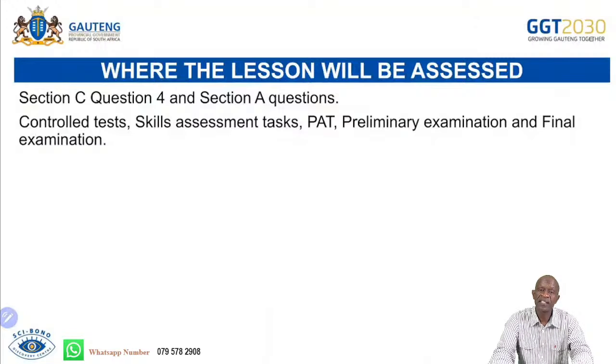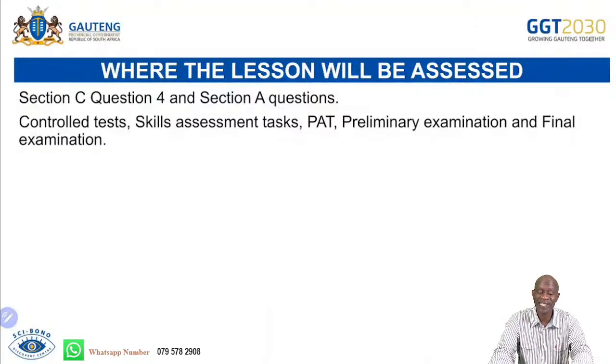The world famous icons and attractions will be assessed in section C of your final exam question paper, in question 4, and in section A, question 1, that is your short questions.